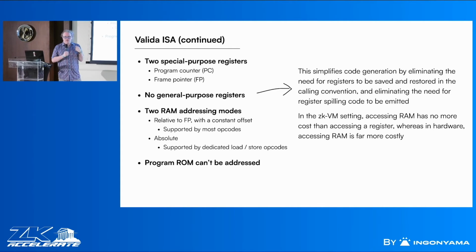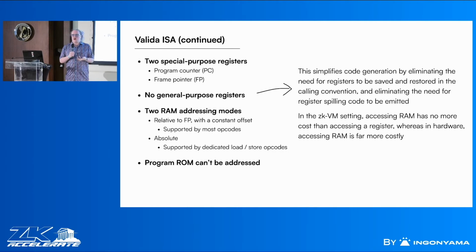So the number of trace columns is a major driver of the cost of proving. So getting rid of trace columns for the program registers and just having every piece of data live in memory allows us to make the trace smaller. I think this is probably the key thing that is driving the performance of our VM.